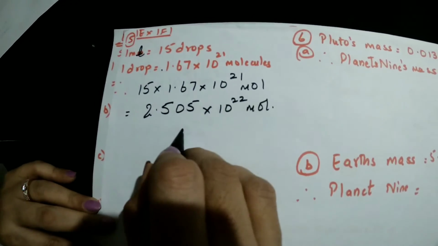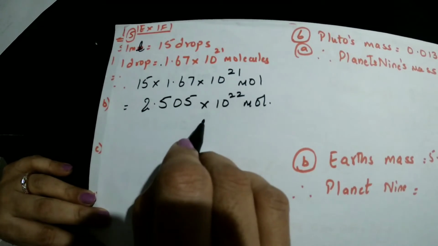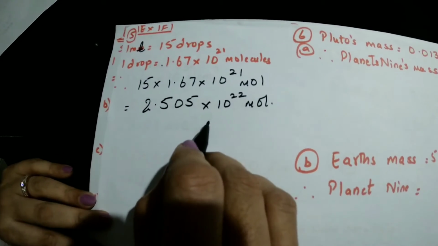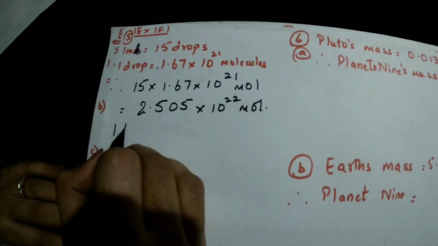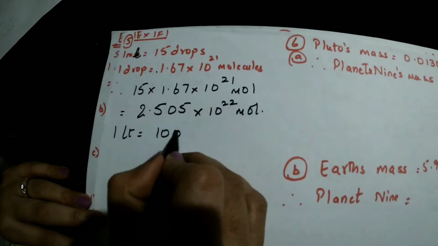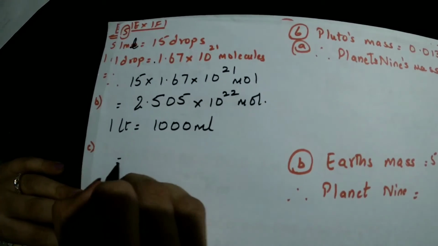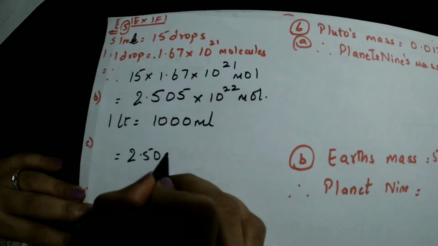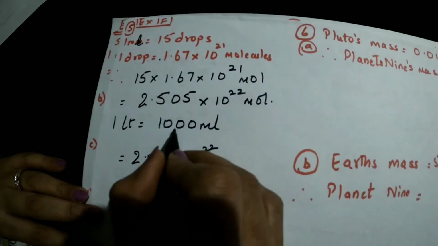Now here this is 15 drops. The question is estimate the number of molecules in 1 liter of water. So basically 1 liter is 1000 ml. So in 1 liter you will find 2.505 into 10 raised to 22 into 1000.